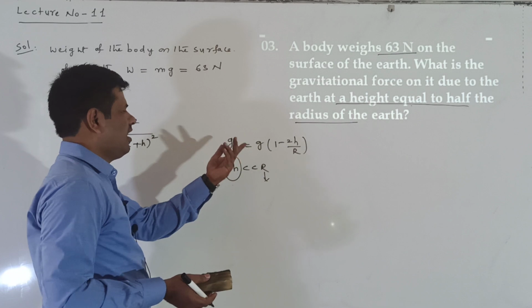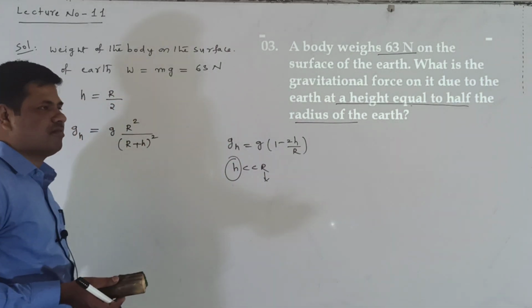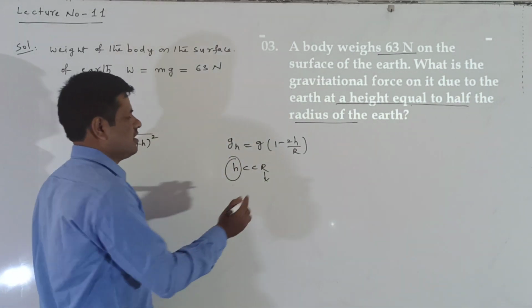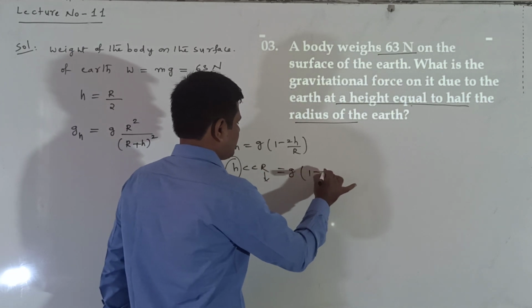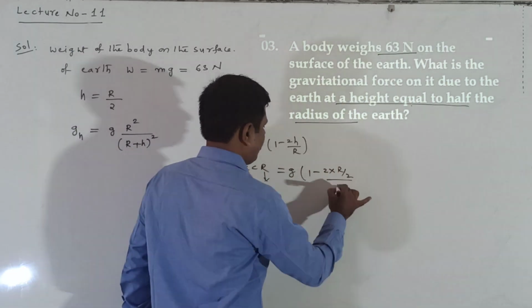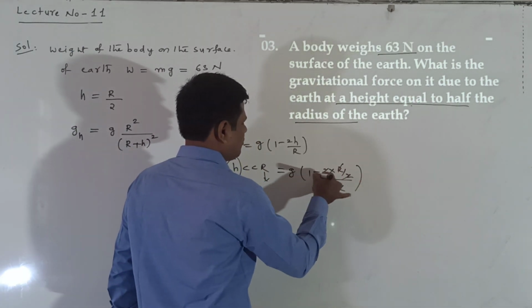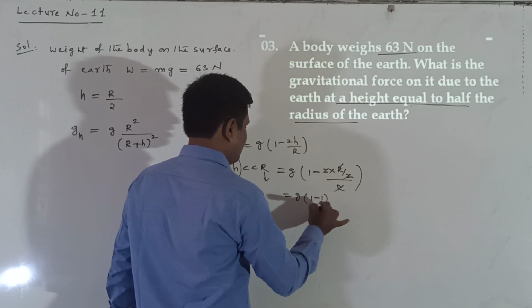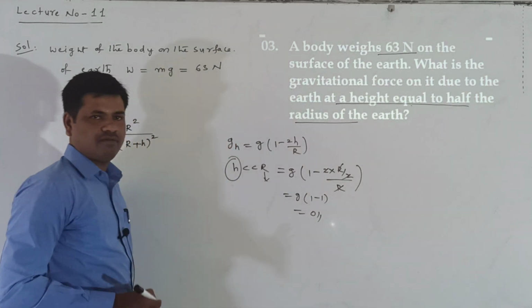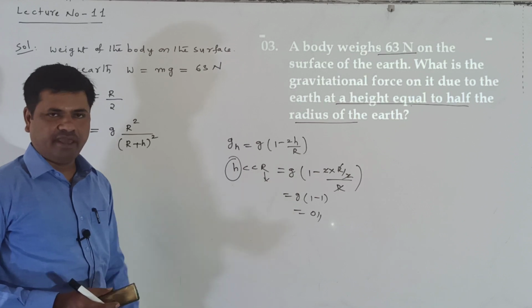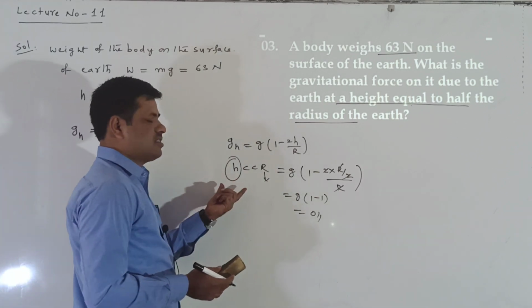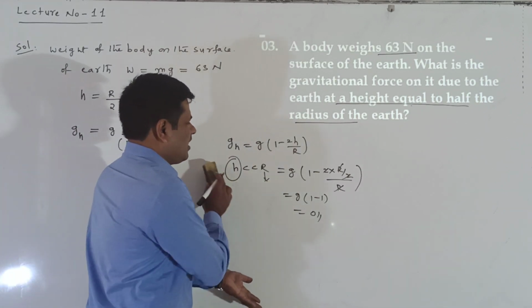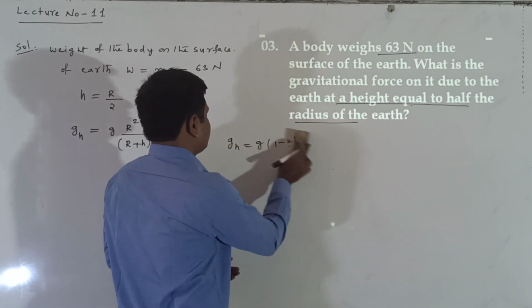When you use that formula, you get the answer 0. You substitute once and see: g into (1 - 2 × (R/2)/R). Here R cancels, 2 cancels, and now g into (1 - 1) is equal to 0. So it is not applicable here. It is applicable when h is very small, but here h is not a small value, it is a large value.